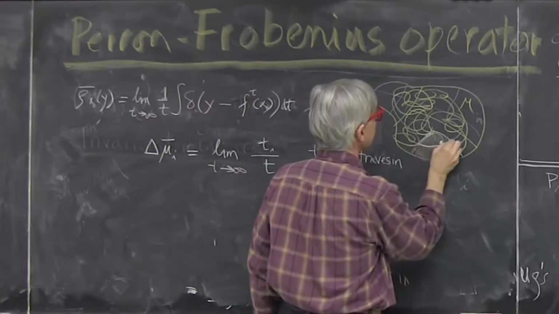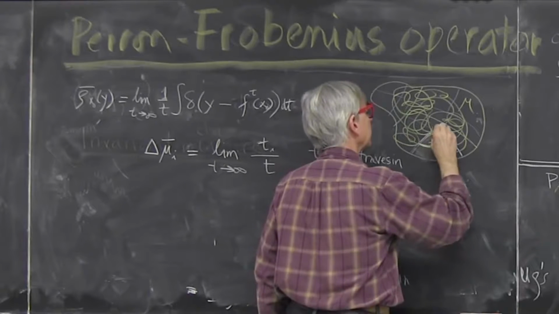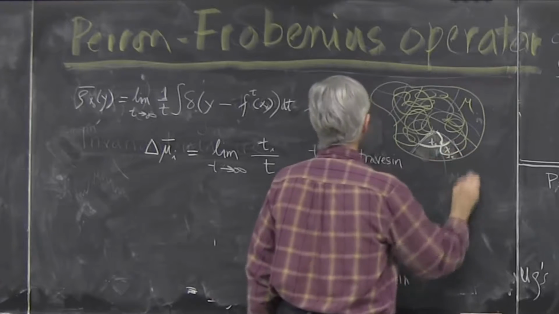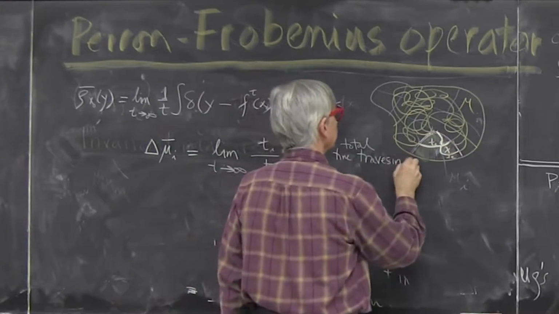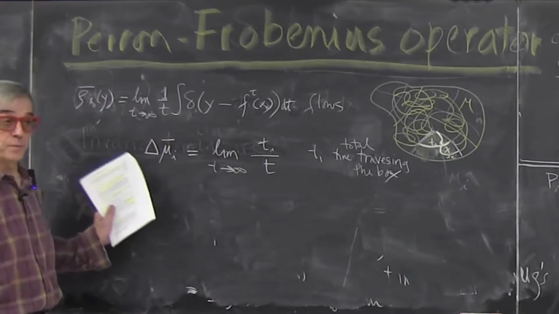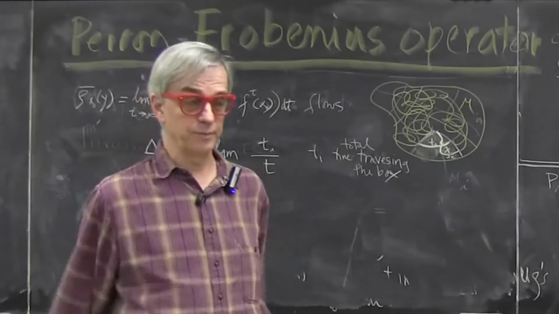Every time I enter, I get a little interval, and I get another one when I re-enter again, t1, t2. When I sum all of them, I get the total time traversing the box. And that's actually how I numerically compute the likelihood to be in some region.